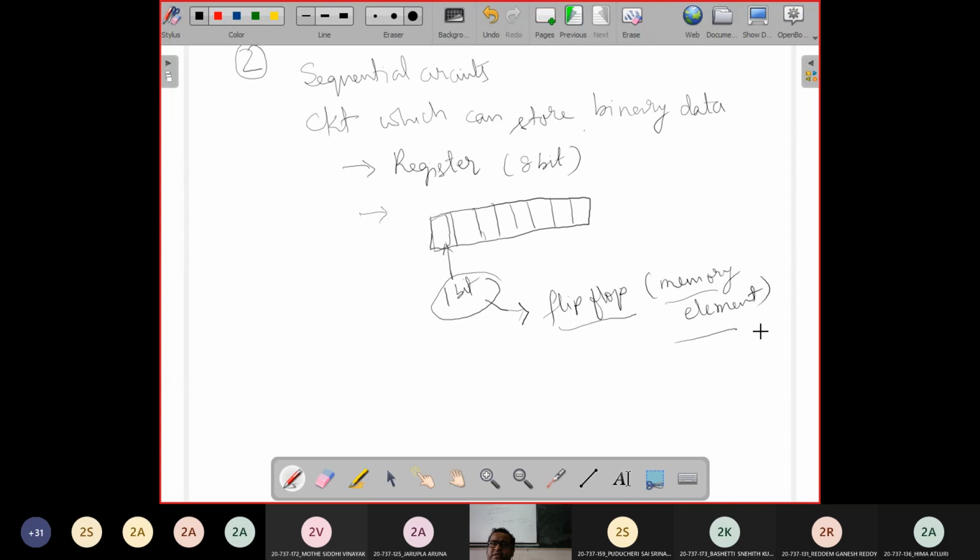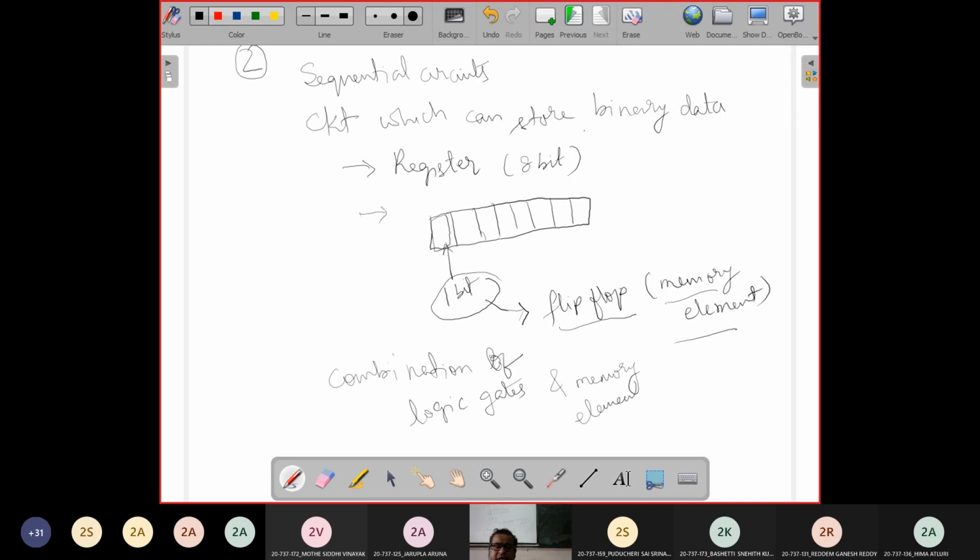Circuits which help us store binary data are examples of sequential circuits. All the storage elements are examples of sequential circuits. These circuits are constructed using a combination of logic gates and memory elements.